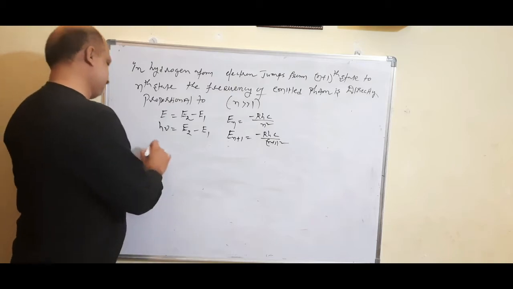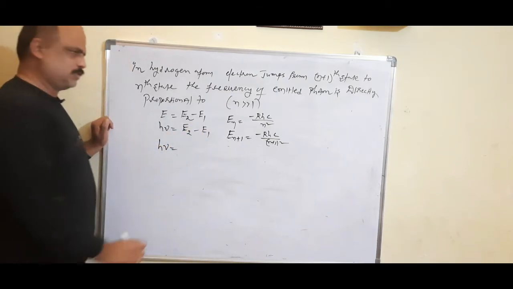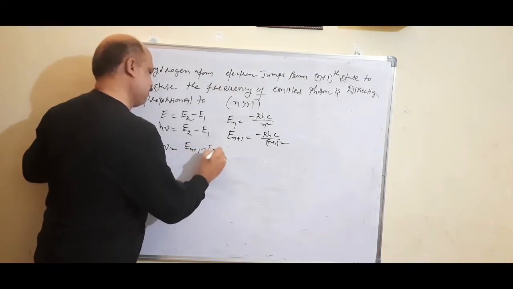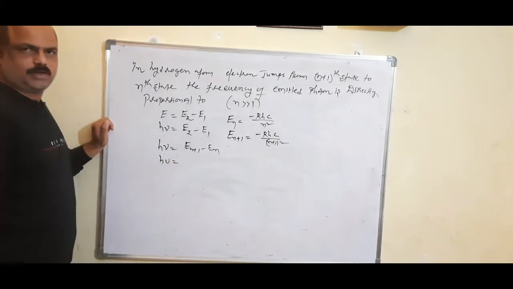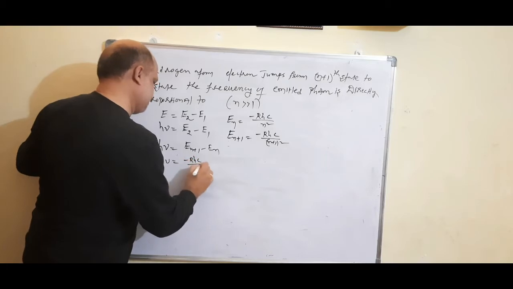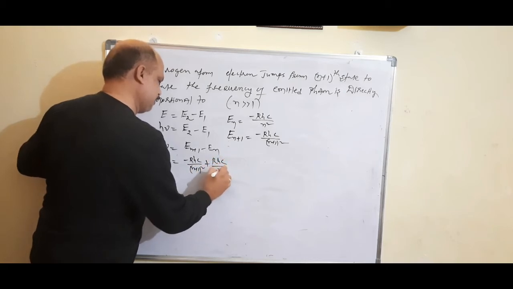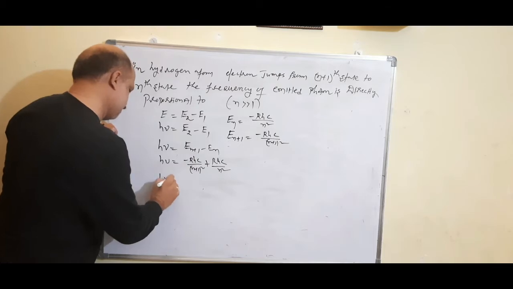So here h nu is equal to E n plus 1 minus E n. So h nu is equal to minus RhC by n plus 1 whole square plus RhC by n square. Take the common RhC.